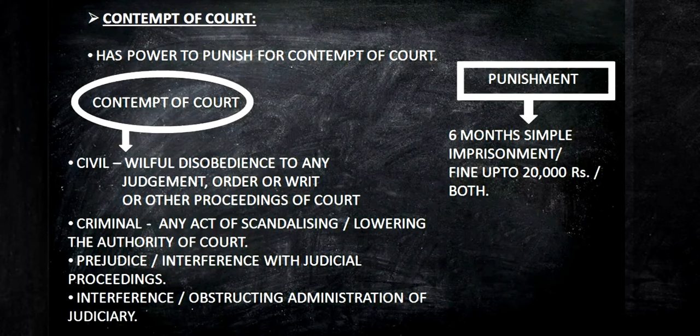Contempt of court is nothing but if a particular person disobeys the order given by the court, or is not obeying the directives given by the Supreme Court, or is intentionally obstructing the daily affairs or the administration of the Supreme Court, or is scandalizing or insulting the judgments of the Supreme Court, going everywhere and giving speeches that the Supreme Court is a corrupt bank and this and that.